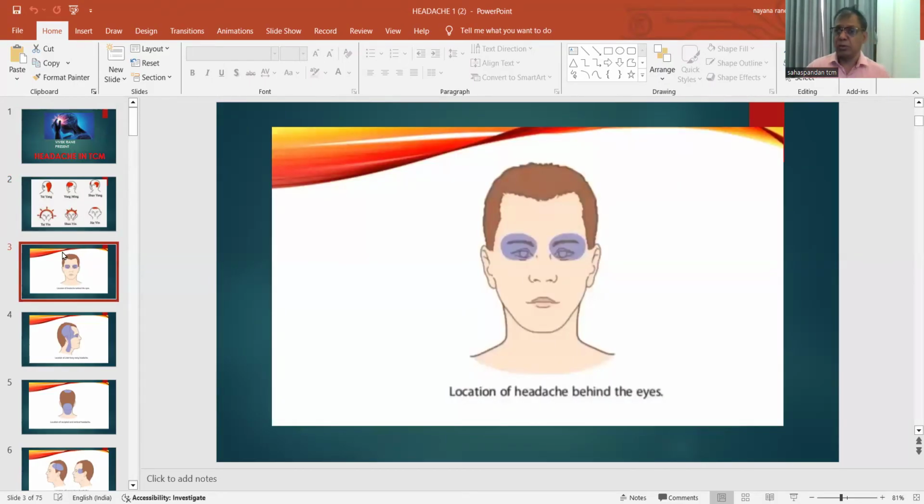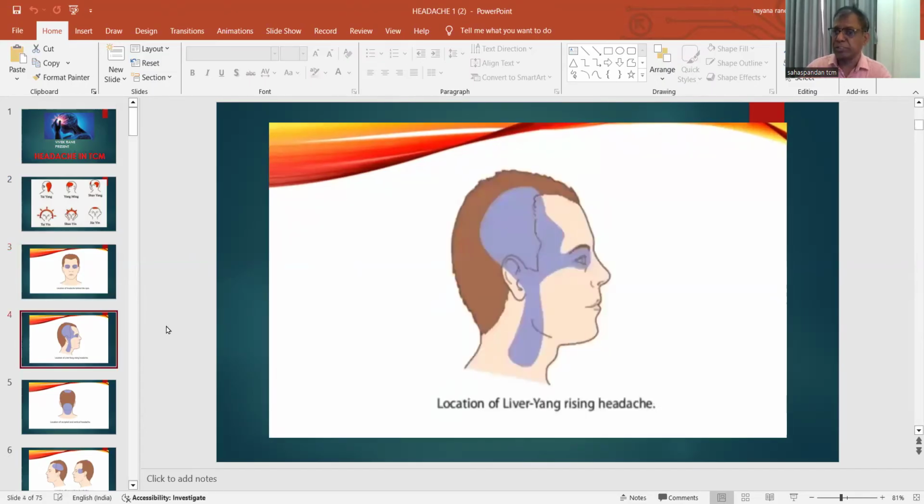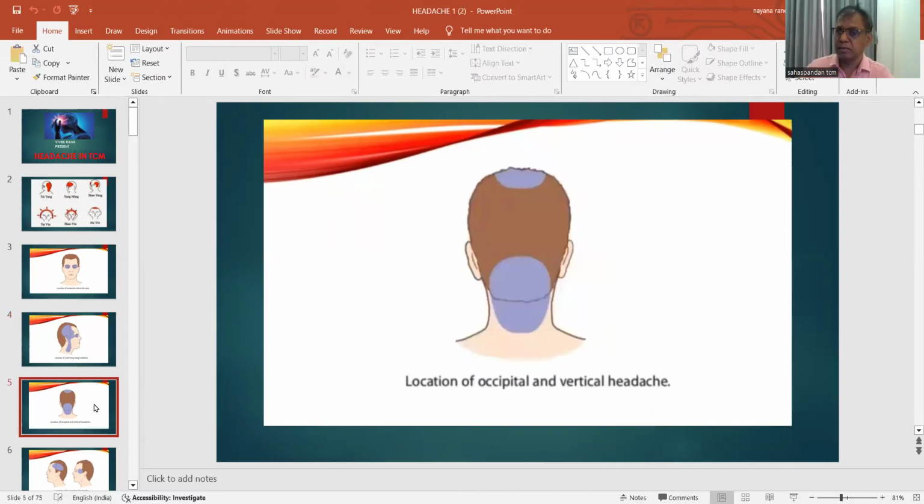See, location of headache behind the eyes. This is also one of the headaches. There is the location of liver yang rising headache. This type of headache is called liver yang rising. This is the location of the occipital and vertex headaches.